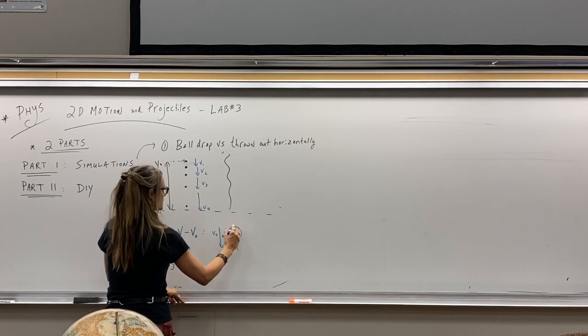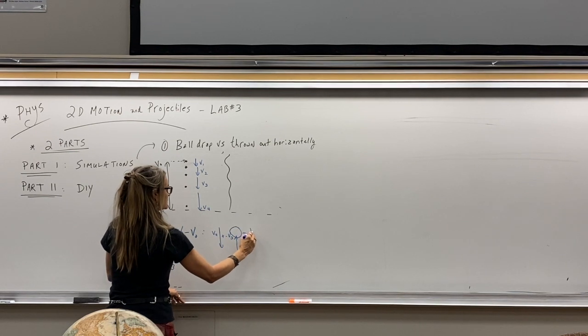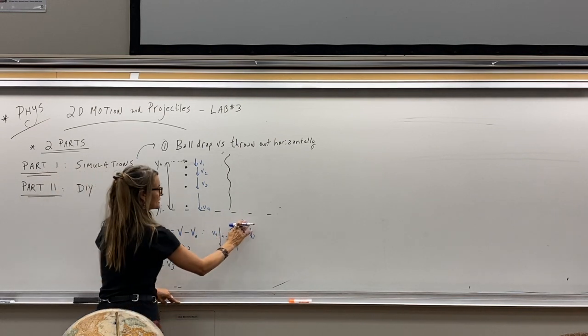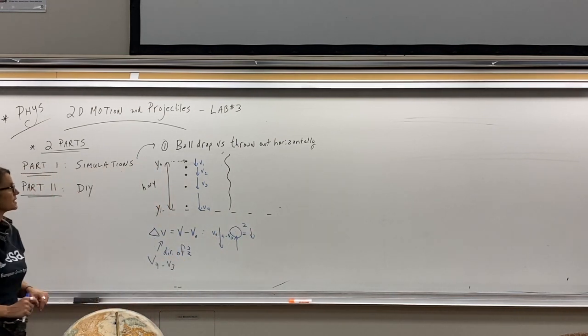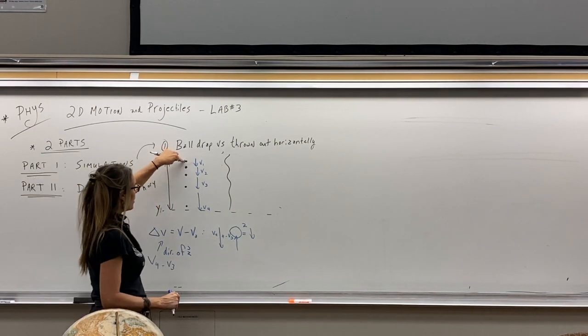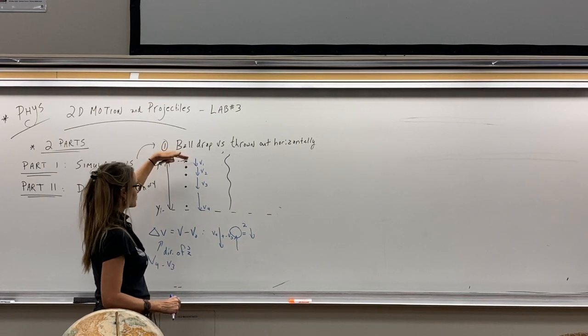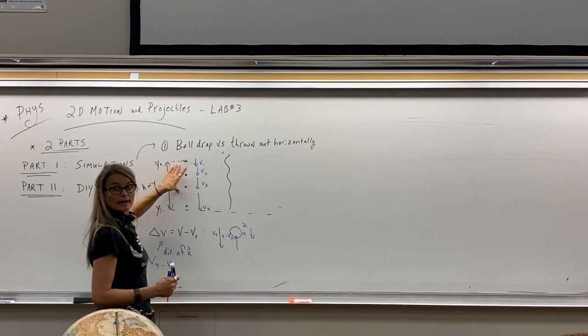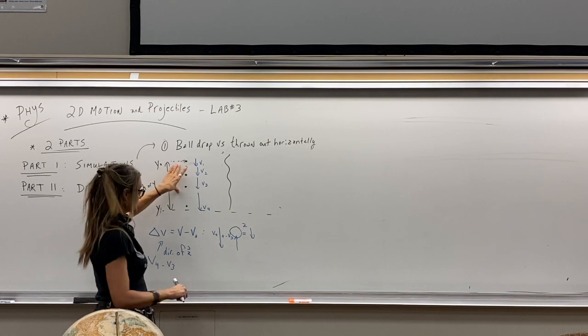This gives the acceleration, or minus g in this case. If I drop a ball, my vertical velocity will change due to gravity, and that gives me my acceleration of minus g.